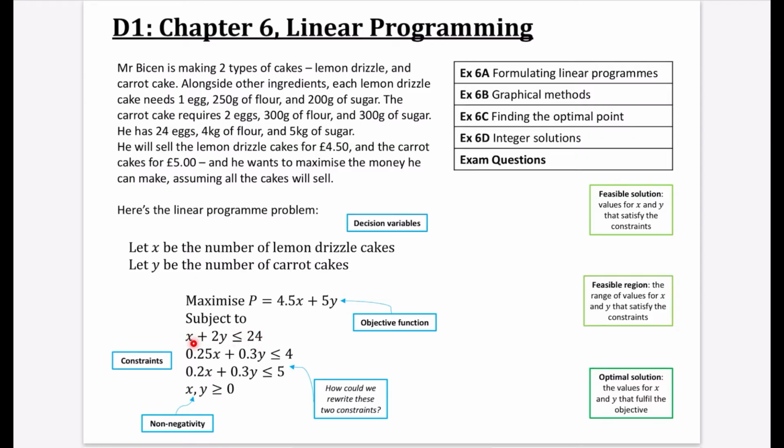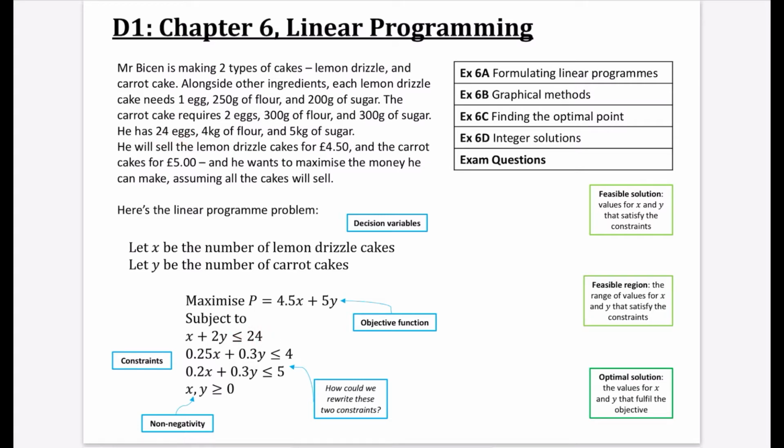And I'm wondering if you can think where this has come from. This is to do with the number of eggs. I've got 24 eggs, and the number of lemon drizzle cakes plus 2 times the number of carrot cakes will give me the number of eggs that I would be using. So x + 2y will tell me how many eggs I'm going to use, and it's essential that the eggs I'm going to use for the cakes will be less than or equal to 24 because I only have 24 eggs available to me.